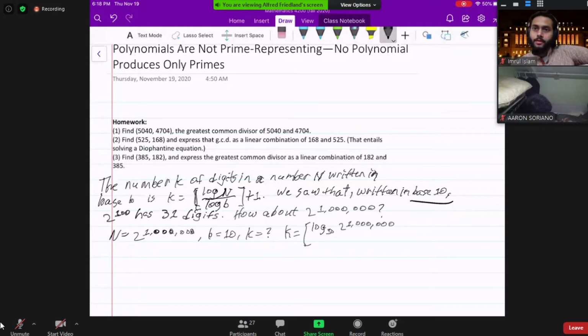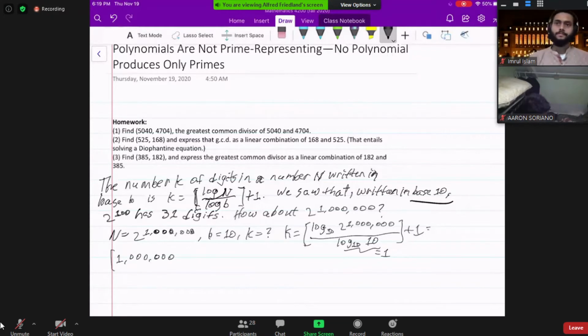Okay, so over log base 10 plus 1, and so that equals 1. So this equals the greatest integer in 1,000,000 times log base 10 of 2, close brackets, plus 1.